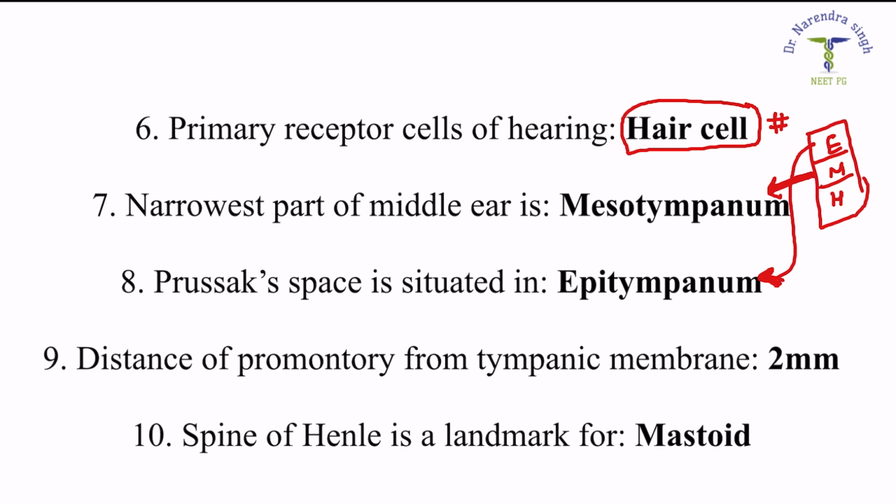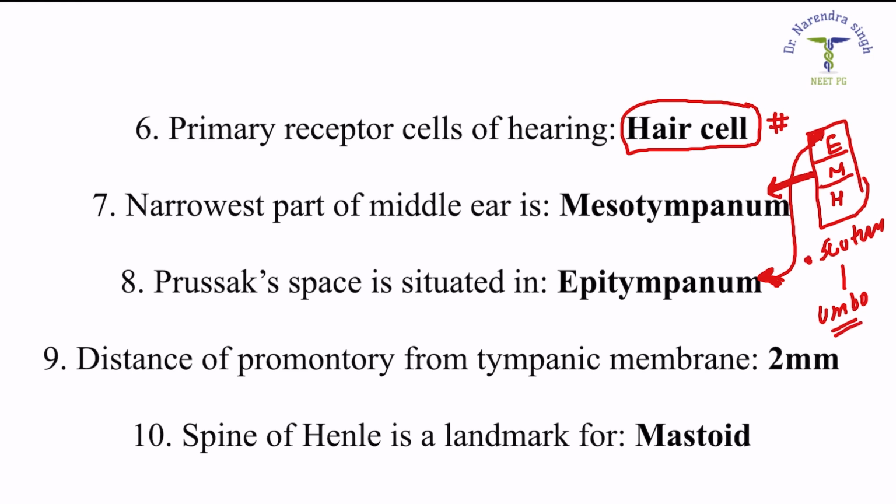So what actually is Prussak's space? Prussak's space is a subcompartment of the lateral epitympanum, and it extends from scutum to umbo.